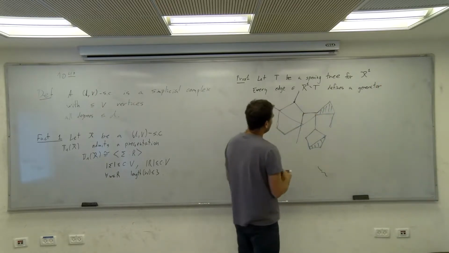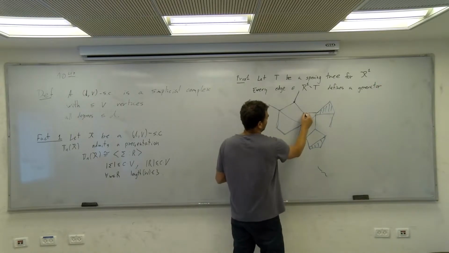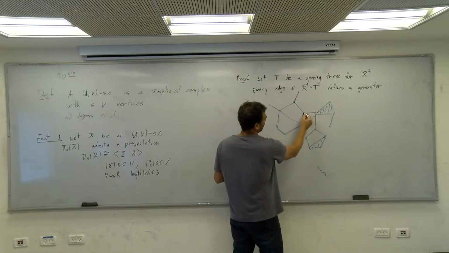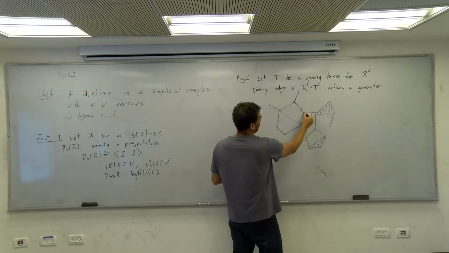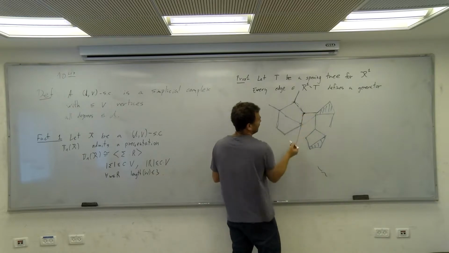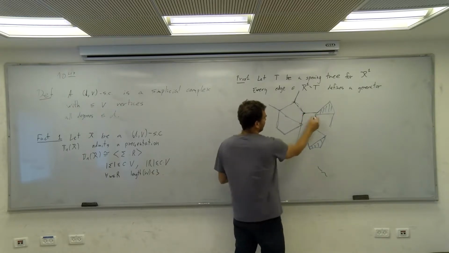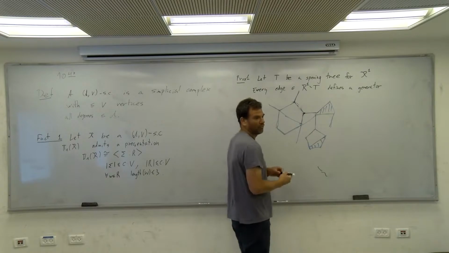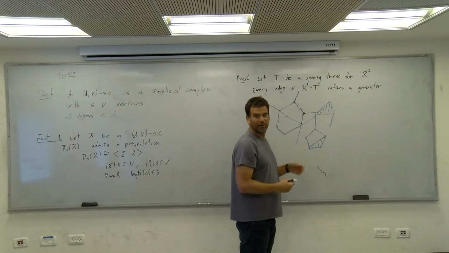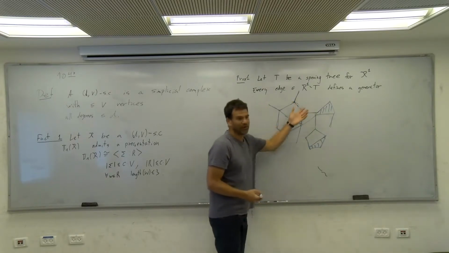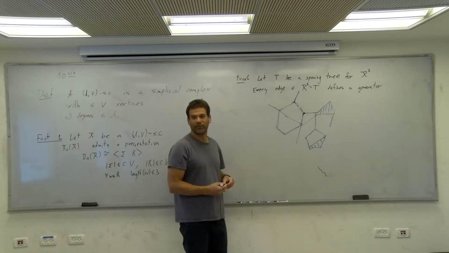So I look at pi 1 with respect to this vertex, and then I have this edge, which defines this generator of the fundamental group. This edge will define this generator of the fundamental group. Every edge closes a circle and defines a generator, and you can easily check that these generate the fundamental group.